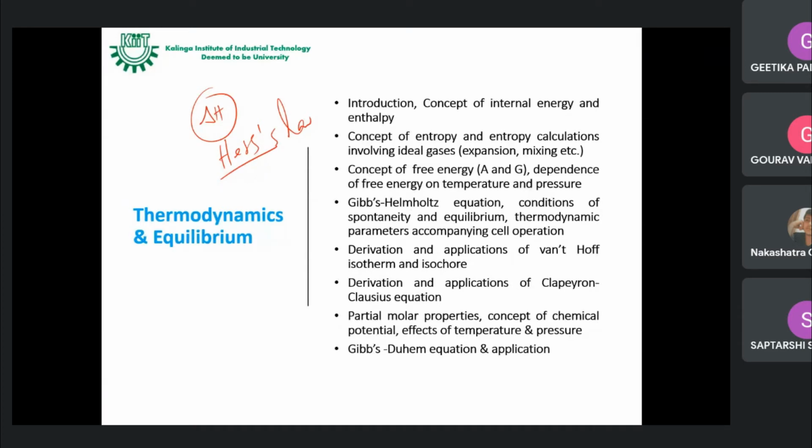In nature, whatever process occurs, all processes have some driving force, and at the same time, all processes also have opposing forces. Whenever there is a motion, there is always a friction, and whenever there is a conduction, there is always a resistance.